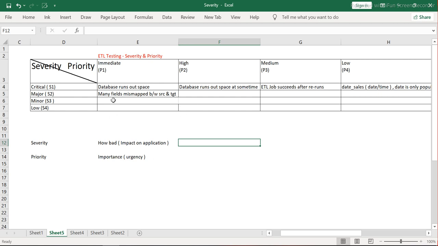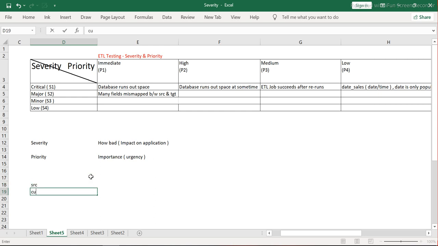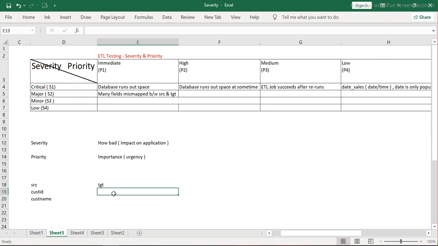See, in source, let's say I have customer ID and customer name, right? In my target, if I am putting customer name and customer ID, what will happen, guys? Customer ID will be written to the customer name and customer name will be written to customer ID, which is completely wrong, right? So this kind of thing should be fixed immediately.